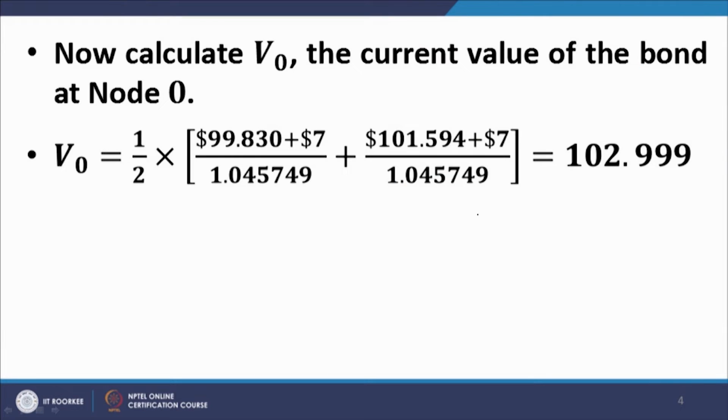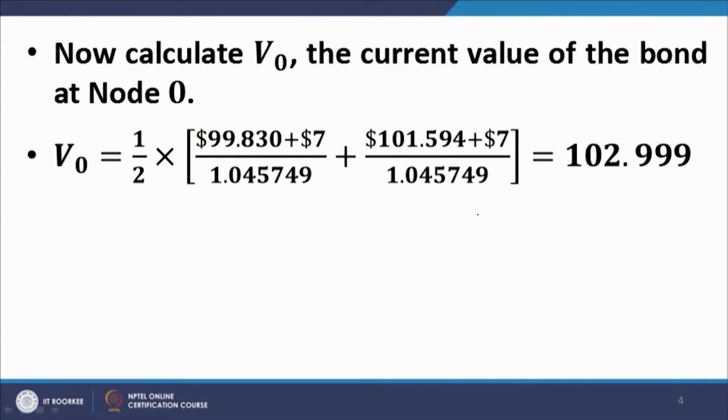That is given in this slide, and the discount rate incidentally as I mentioned is the same for both the paths, and we end up with the value of 102.999, which is the value of the bond at t equal to 0, corresponding to the coupon rate of 7%, a maturity of 2 years, and the interest rates following the binomial tree that we saw in the right hand panel of this particular slide. So, that is how this problem is worked out.